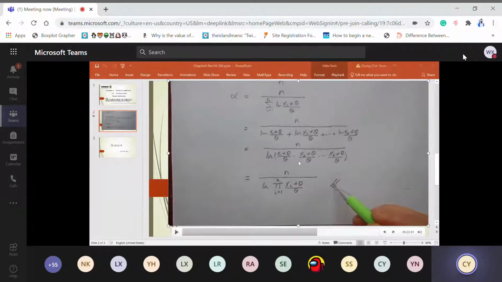Okay, class. The solution maybe can stop at this summation here on top. But usually, of course, this form is much more meaningful, because if you stop here, once you substitute your x values, you still need to sum up. You have to calculate the sum of the log many times.